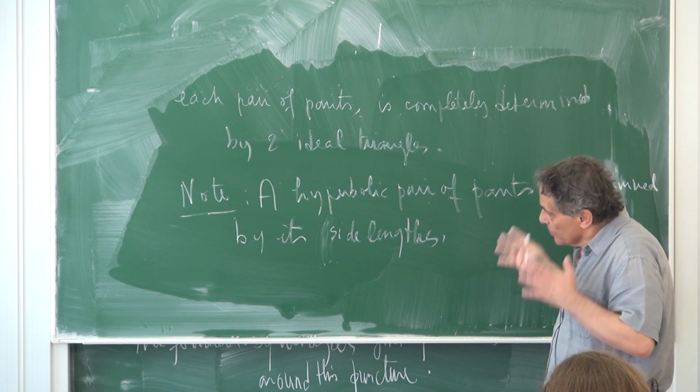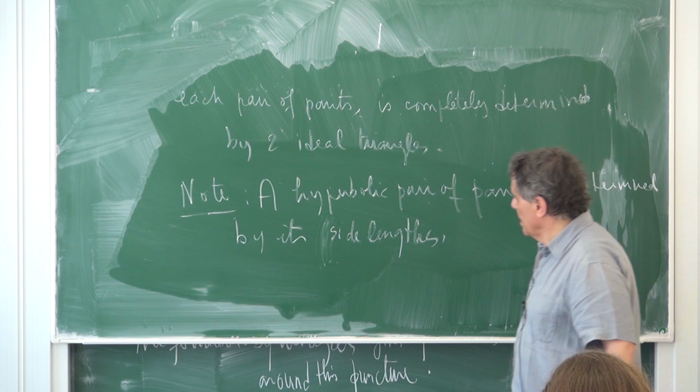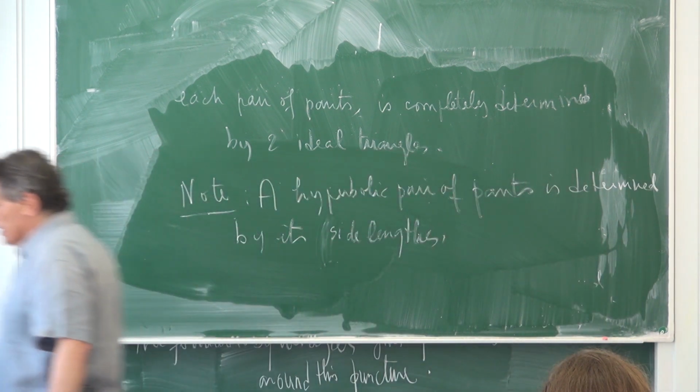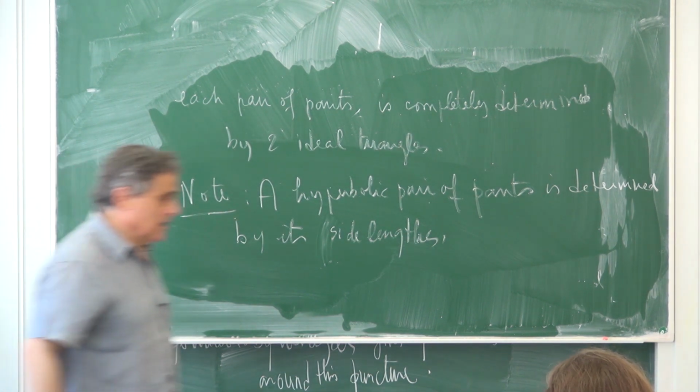So the side lengths, we know, are determined by the shift parameters of the two ideal triangles.